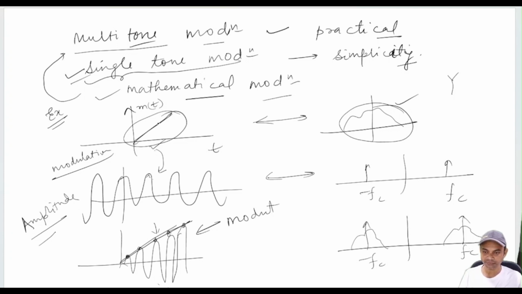Now come to the point: what is modulation, and what are the types of modulation? First, we will write the definition of modulation.